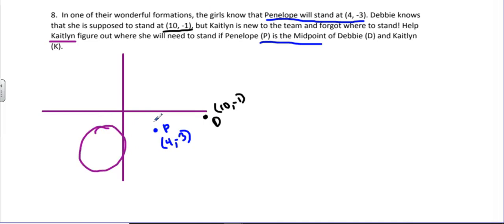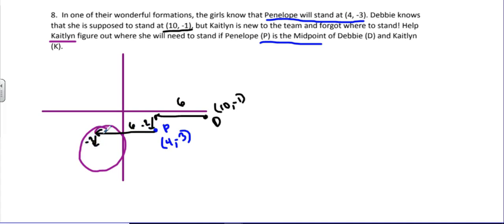There are a few different ways that we can find this answer. We can look at this diagram. We see that from Debbie to Penelope, we went over 6 units and then down 2 units. So we can do that again. We can go over 6 units and down 2 units, and that would give us our answer.